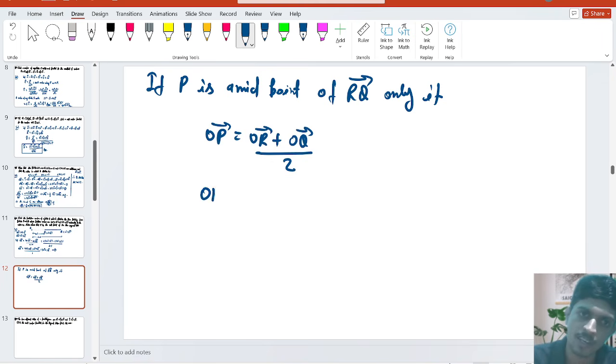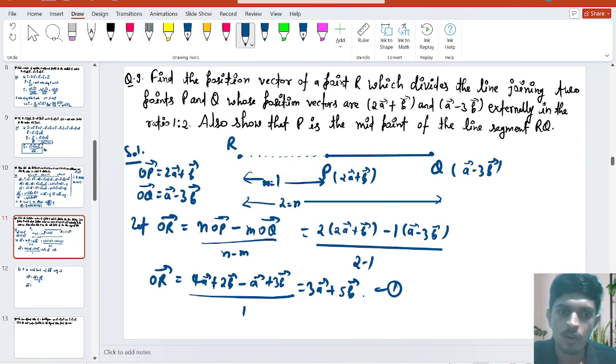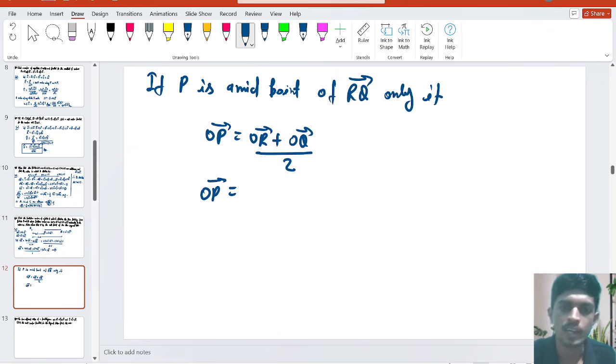So simplify. Vector OP equals what? OP equals 2 times the vector A plus vector B. And vector OR equals what?